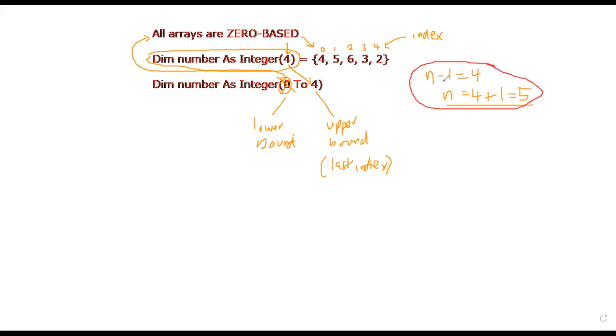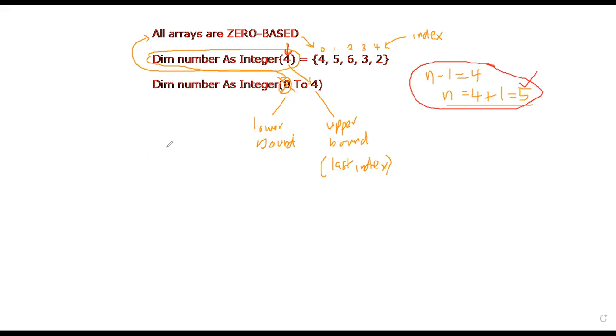If the last index is 4, and we know that to get the last index is always the size of the array minus 1, then n minus 1 will give us 4, so n will be equal to 4 plus 1, which is 5. Okay, so in VB.NET, when you declare the array and you specify the upper bound, which is the last index, as 4, it's just to say that the array has 5 elements.